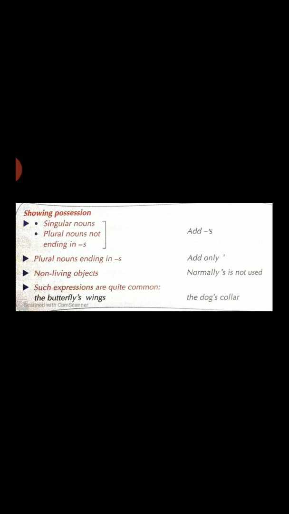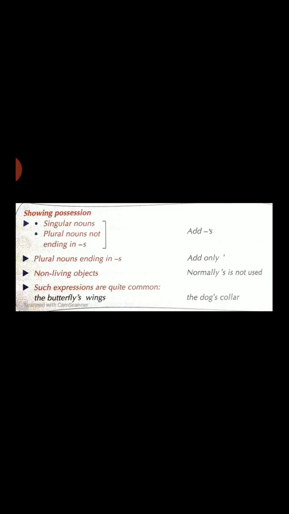Next. In plural nouns, we add apostrophe after s. For example, report cards of students are ready. How will I write it? By adding an apostrophe? Exactly. Students. After s, I'll add apostrophe. Report cards are ready.